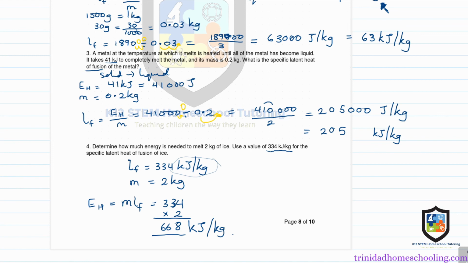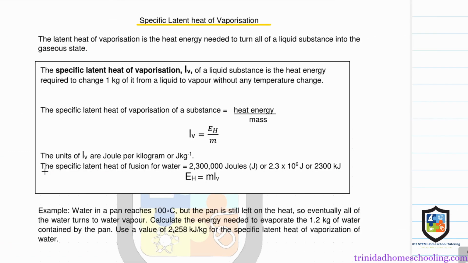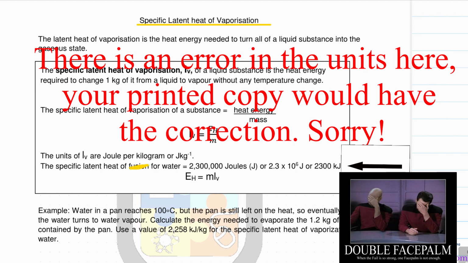Now on page 9, we would look at the specific latent heat of vaporization. The formula is the same, but the specific latent heat of, and this here should be vaporization. I would have fixed that in your copy, so your copy should have had vaporization here, right? Is different to the specific latent heat of fusion for ice, right?